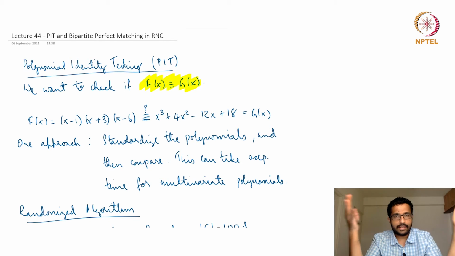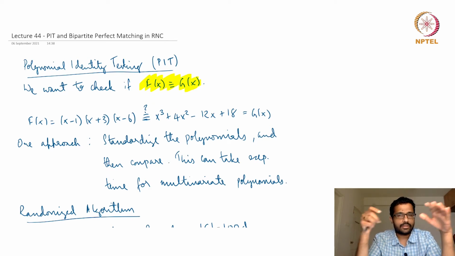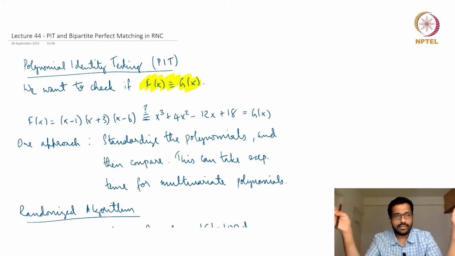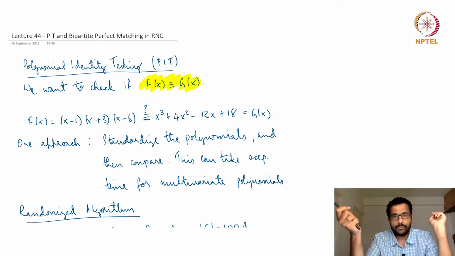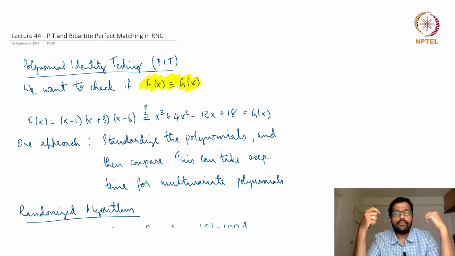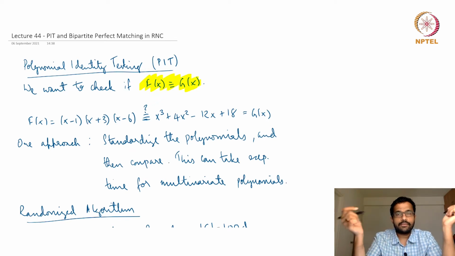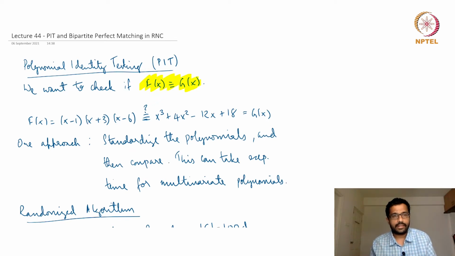If there is a standardized format, such as the leading term has the highest degree, then the second term has the second largest degree, then it's just a matter of checking between the two. But even the way the polynomials are specified could be in different ways, so this may require us to do some computation.